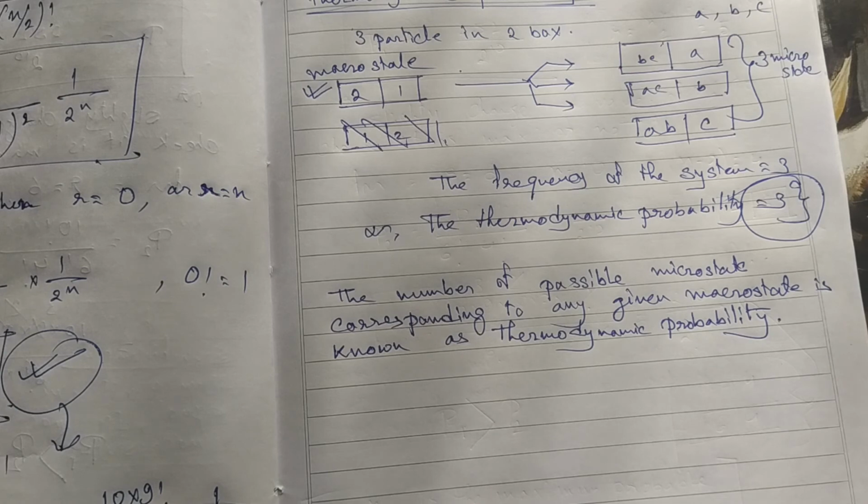And when some boxes are vacant and the rest of the boxes are filled with all the particles, such a state is known as the minimum probability state.